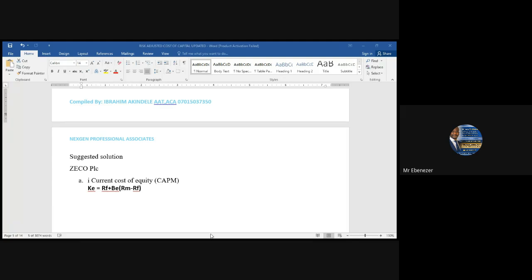Now, the risk-free, how many percent? 4%. What is the equity beta of Zeco? 2.3. What is the market return? 10%. 10 minus 4.